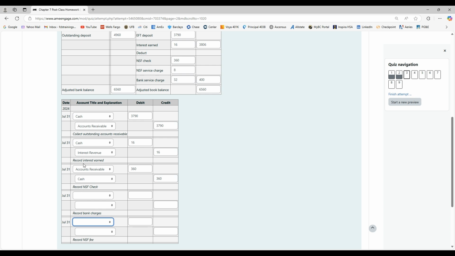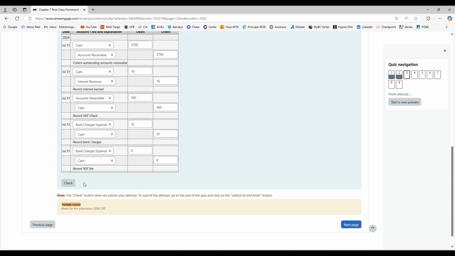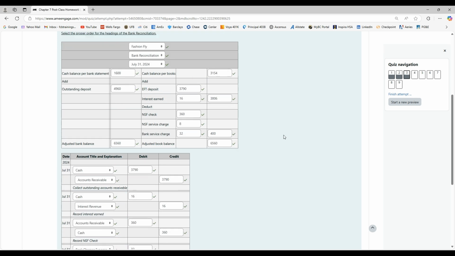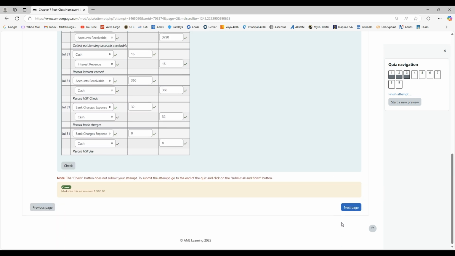I'm just going to do this one now because we're doing the NSF at the same time. So this is the fee that the bank hits us with. And then the bank charges was 32. All right, 100%. Great. Let's move on to the next one.